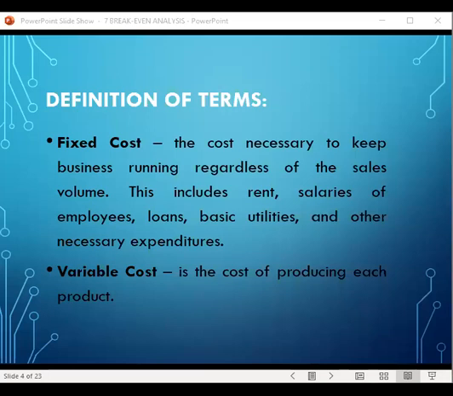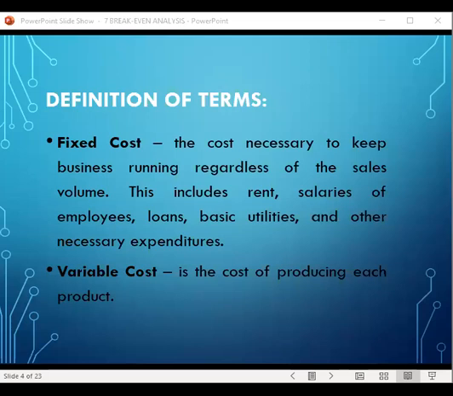and other necessary expenditures. Subot pa sabot, kung ikaw magbaligya, maski pa wala kay halin on that certain day, magbayad man gihapon ka ng rent. You will still pay for the salary of your employee, whether there is a sale on that day or on that week or on that month.